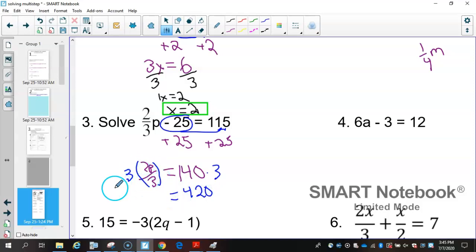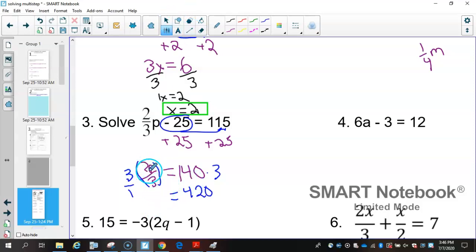When you multiply this 2 over 3 times 3, what happens? You should recognize that as your multiplicative inverse. Because here, if the 2 wasn't there, that would really be 1/3. And this is really 3 over 1. So this 3 and this 3 cancel each other out to become 1.